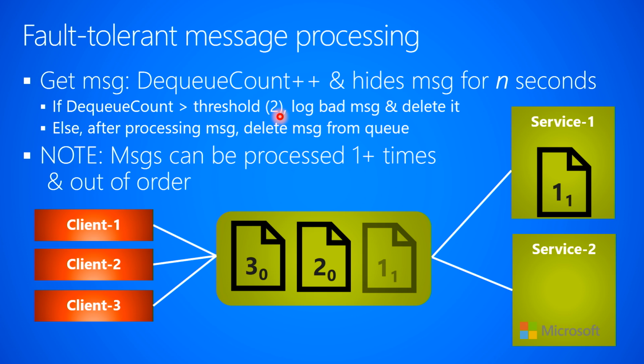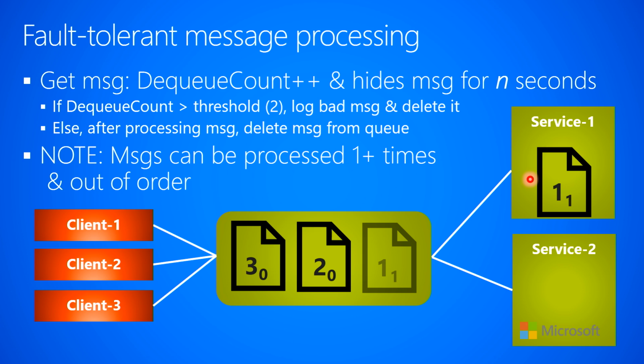But basically, well, I'll explain it now. So basically, if the message is DQ'd higher than some number, that means that the message keeps failing to be fully processed. Right, and so it keeps getting processed repeatedly. That probably means that it's a poisoned message. So what the service would do is, if the DQ count is greater than some threshold, the service would log the bad message into like a poison letter queue.